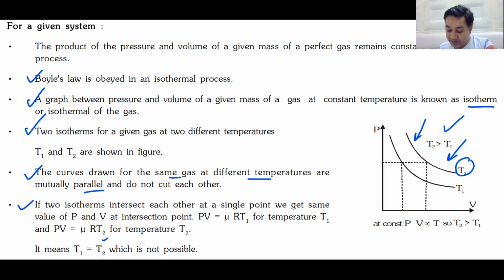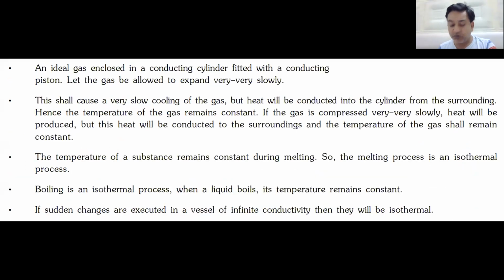Now remember, there might be a question where it is not straight away said that it's an isothermal process. They might be giving it in a different way. To make the process isothermal, the process should take place extremely slowly.